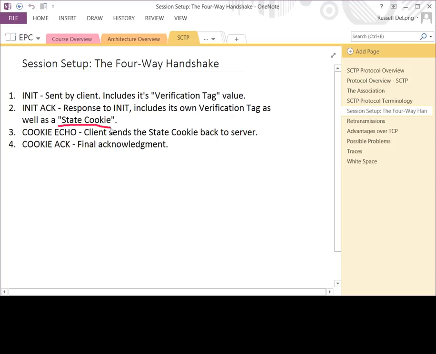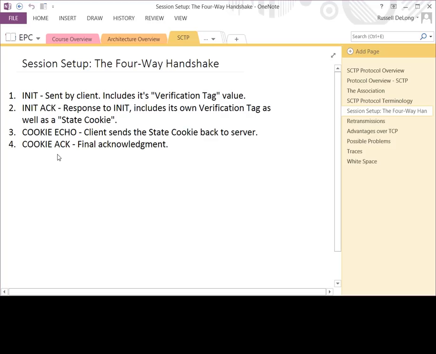I don't want to get into the details of what a state cookie is, but basically, it works with the state cookie exchange and the cookie echo, where that state cookie is returned, in such a way that the server, the system that received the initial init, does not keep any state information about the session being built until it receives the cookie echo and sends the cookie acknowledgement.